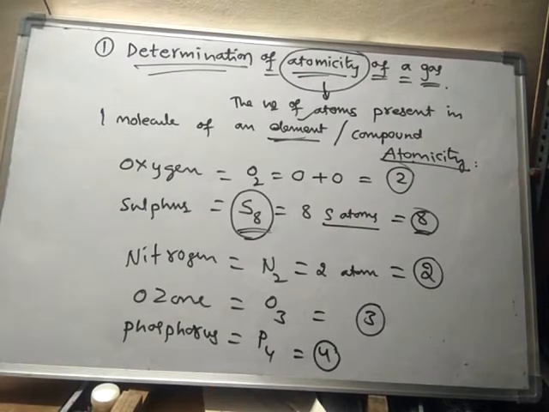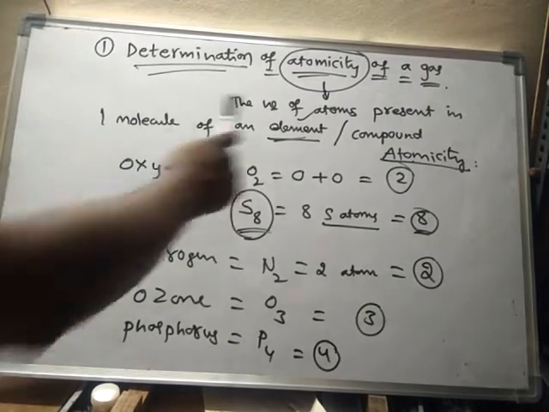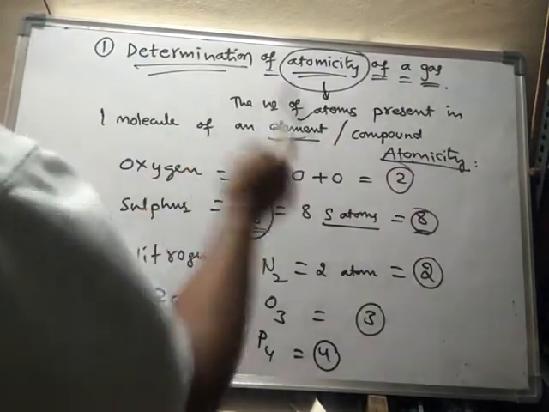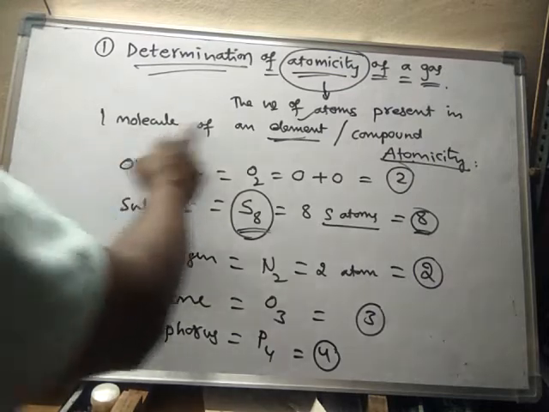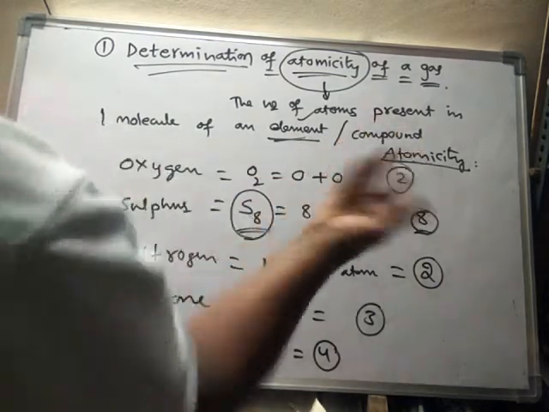So the atomicity of a given gas, or of a substance, is equal to the number of atoms present in one molecule. We take one molecule of that substance and count the number of atoms in it. That molecule may be an elemental molecule or a compound molecule.